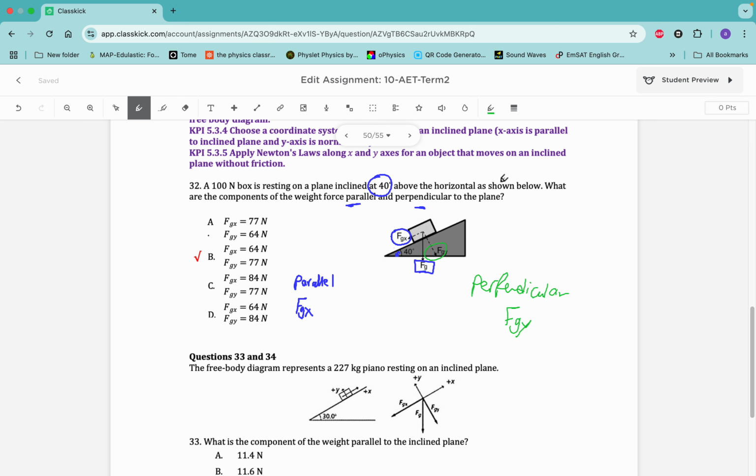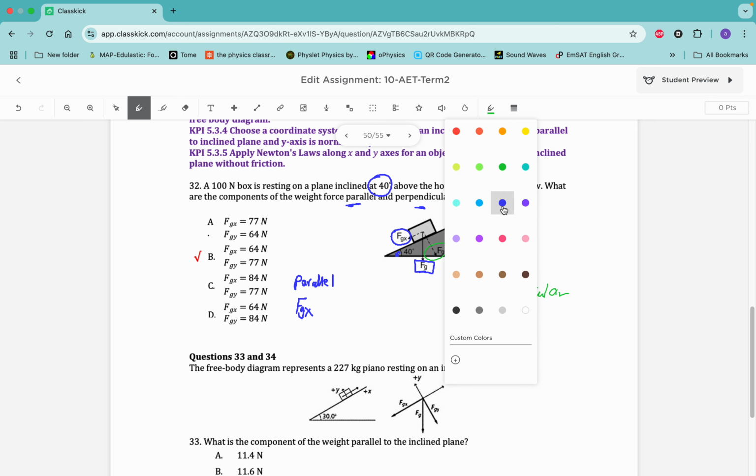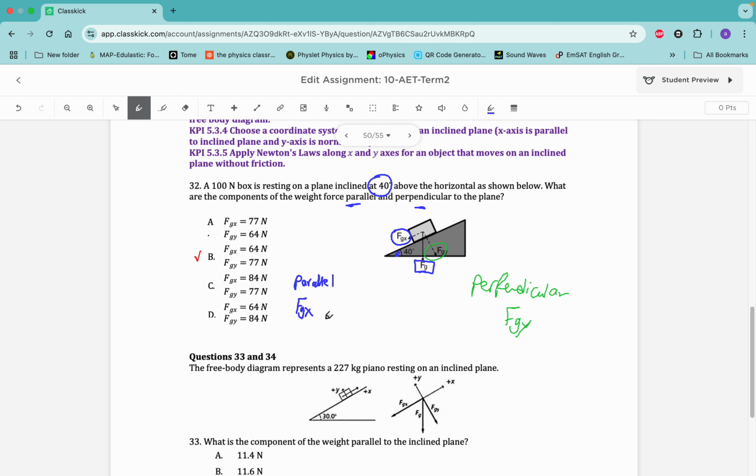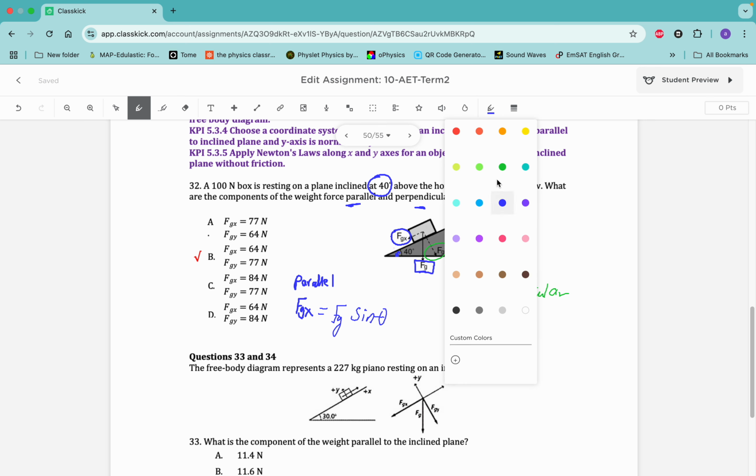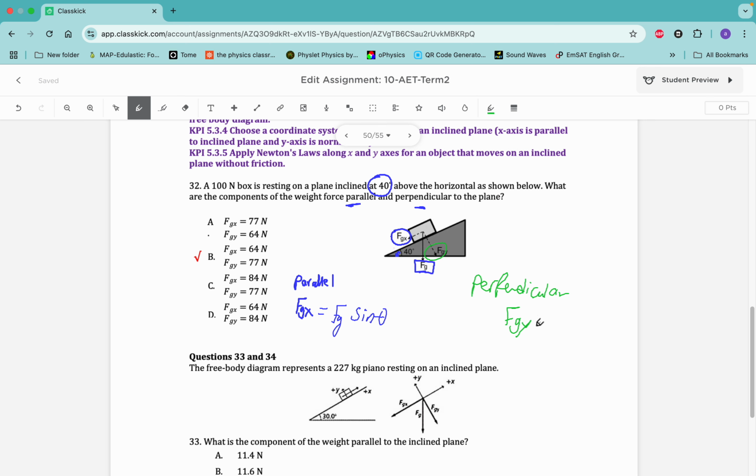For the parallel component, the formula used to calculate it is Fg sine theta, while for the perpendicular component, the formula is Fg cosine theta.